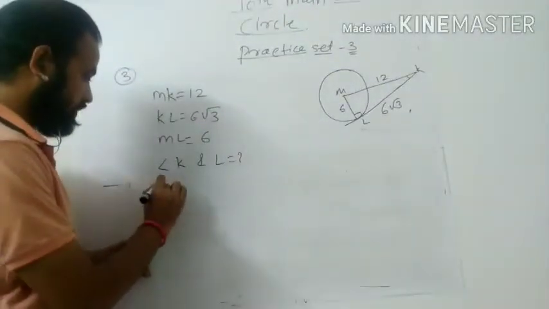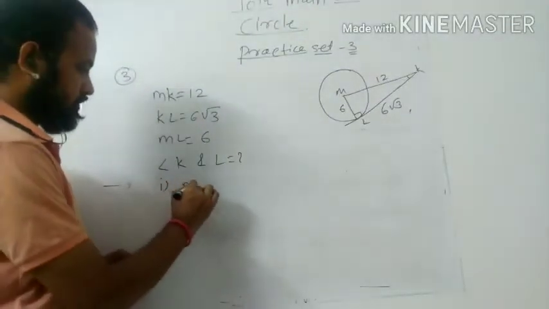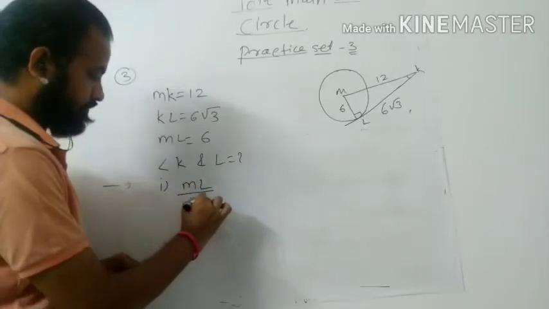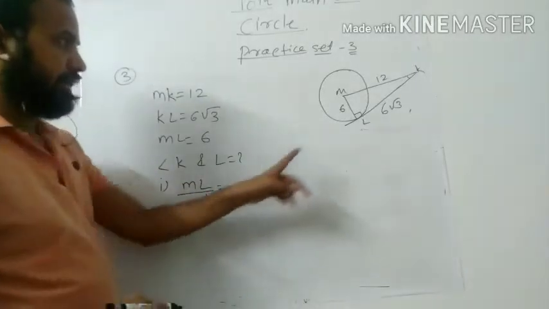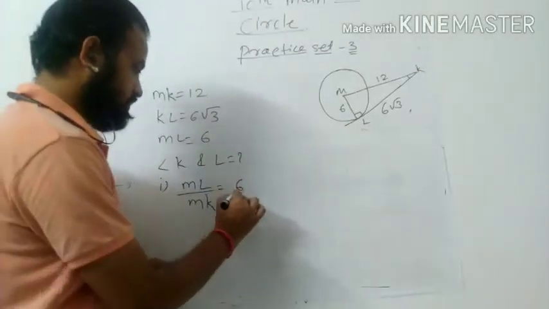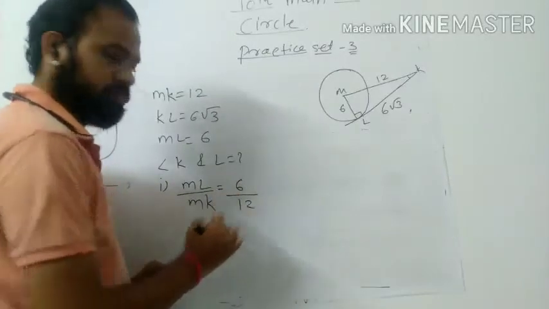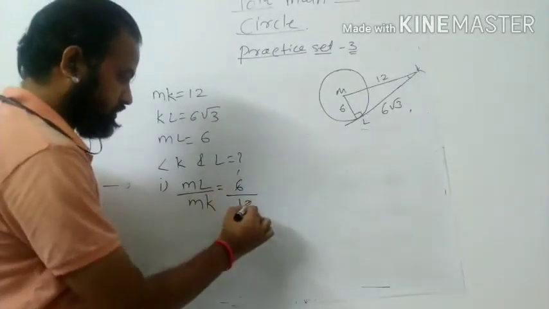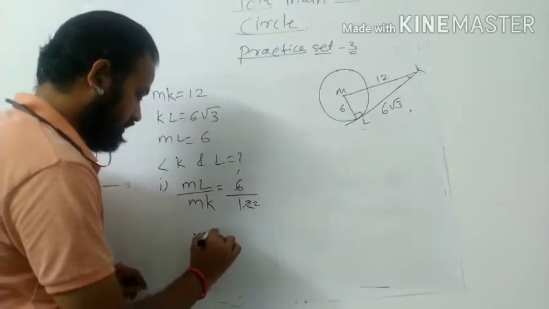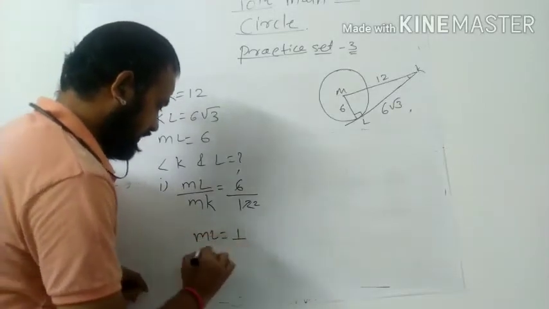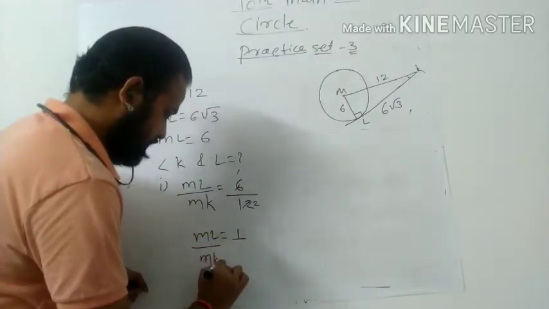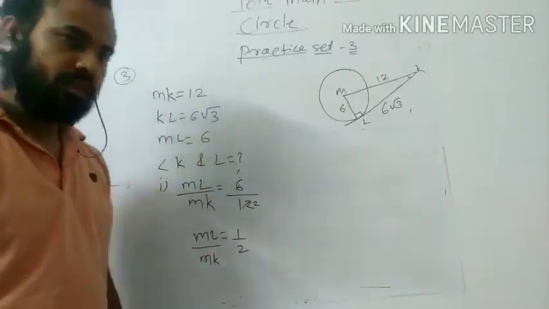Firstly, I will take the ratio of ML upon MK. ML I calculated as 6 units, MK is 12. 6 ones are 6, 6 twos are 12. So I can write ML upon MK equal to 1 by 2, isn't it?